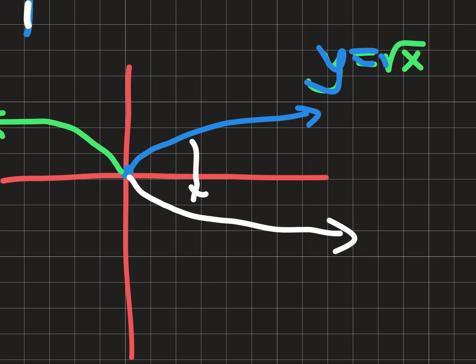I'd like you to put all three of these on a graph, and I want you to call this one, let's keep it the same color, y equals the square root of x, that's the blue one. What's the white one? And what's the green one? This is the one function that I think shows the difference between a horizontal reflect and a vertical reflect the best.